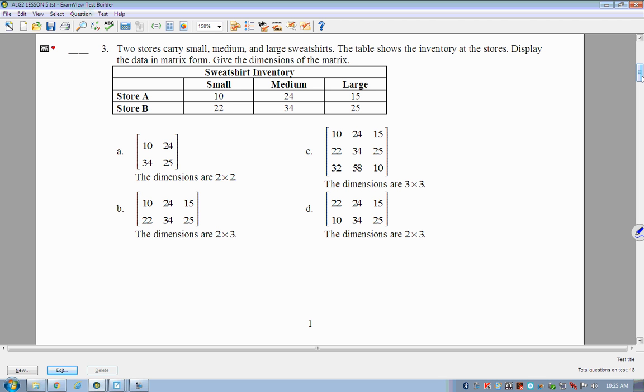How many rows does my table have? How many columns? All right, so that would bring me to either B or D, correct? And then we're not really changing the order of the numbers. It should be 10, 24, 15 on the top row, 22, 34, 25 on the bottom row. That we're not alternating anything. We're not flipping anything around. Okay?